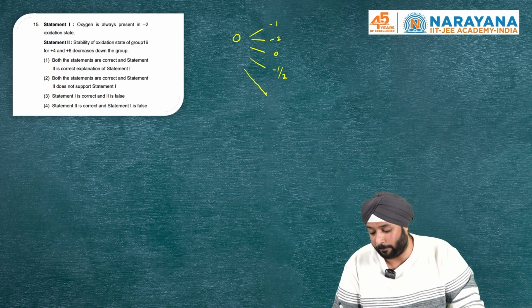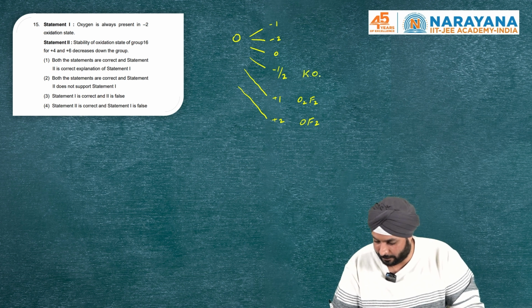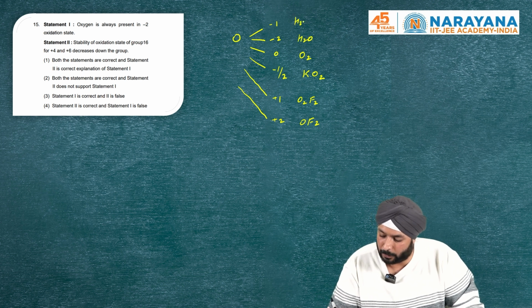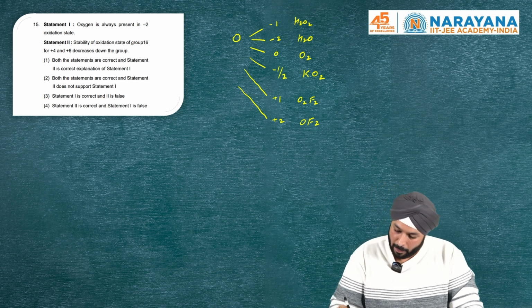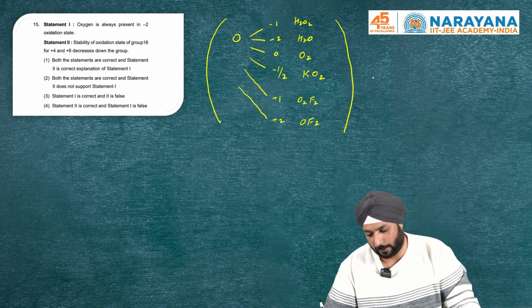In O2F2 it is +1 also, in OF2 it is +2 also. It is 0 in O2, -2 in H2O, and in H2O2, that's peroxide, it is -1. So clearly, oxygen does not have only the -2 oxidation state. Statement 1 is false.